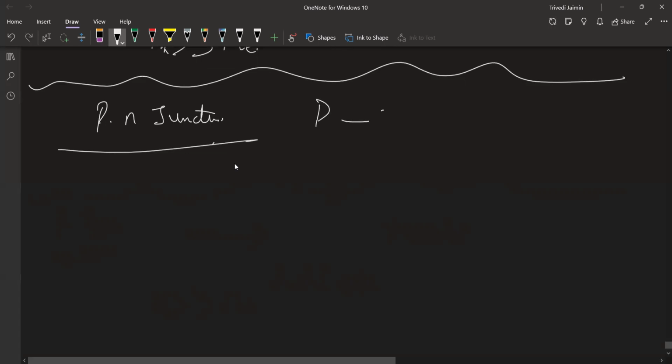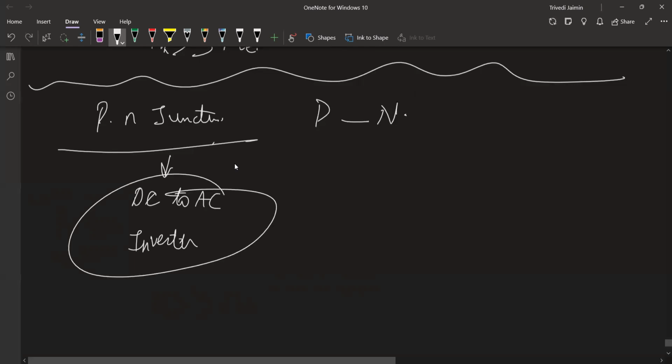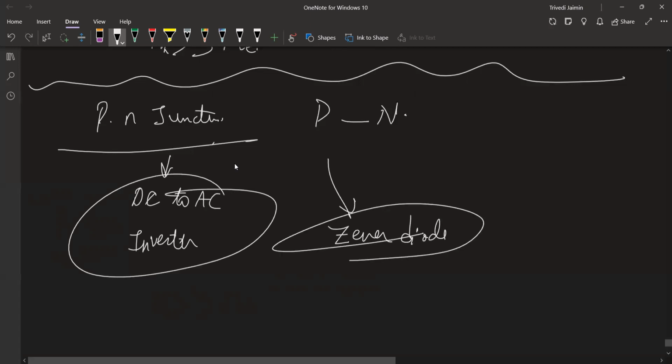A P-type semiconductor joined to an n-type. They use it as a rectifier, converting AC to DC, and an inverter, DC to AC. As a Zener diode, it is used for voltage regulation.